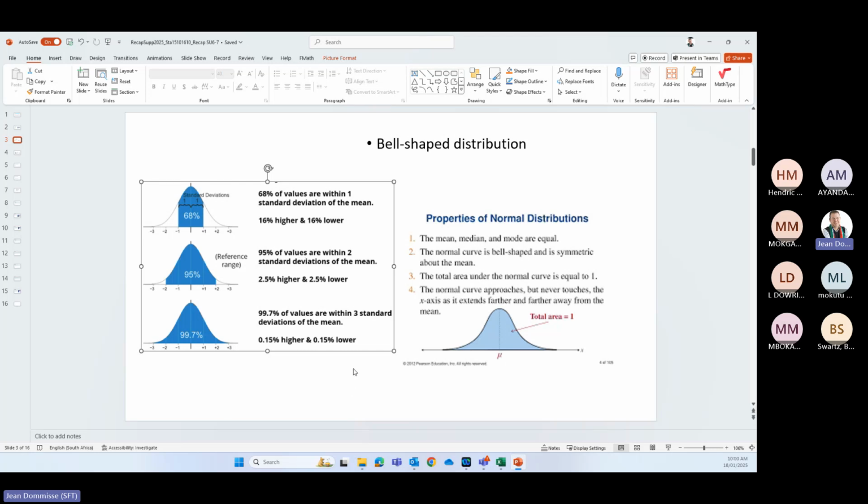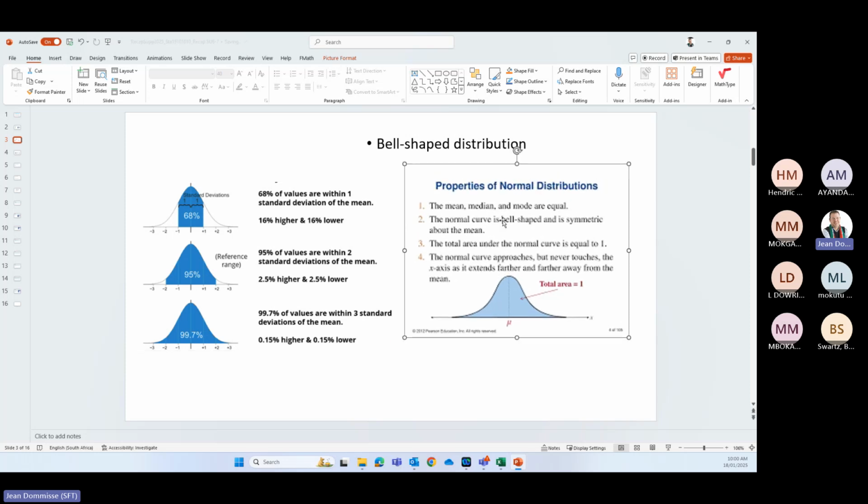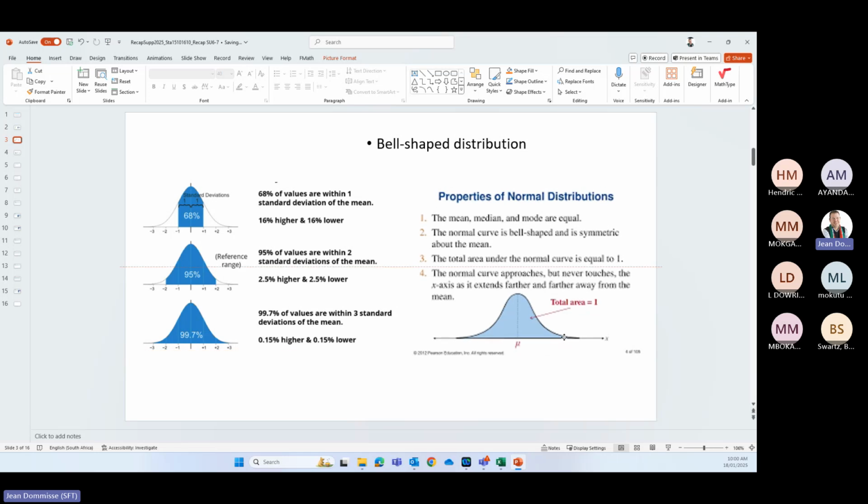But basically, we look at the normal distribution, which is a bell-shaped curve. There are some properties around it that we always look at. So we'll say the mean, median, and mode are exactly the same, so the data is not skewed. If you look at that mean, half is on the left of it, half is on the right of it.